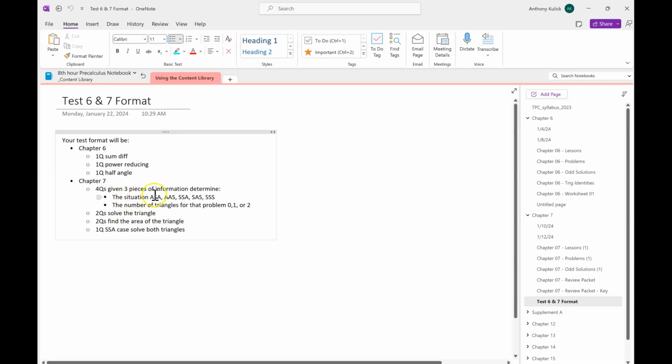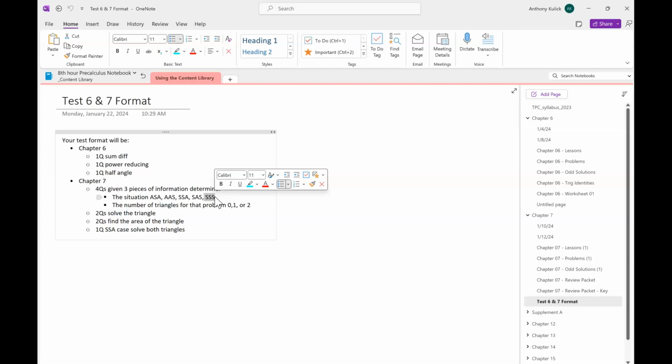So remember, 3 of the situations are easy, right? For angle side angle, angle angle side, and side angle side, it's just always one triangle, no matter what. For side side side, it'll be 0 or 1 triangle based on what can I do to tell the difference between whether it's 0 triangles or 1 triangle in a side side side situation?